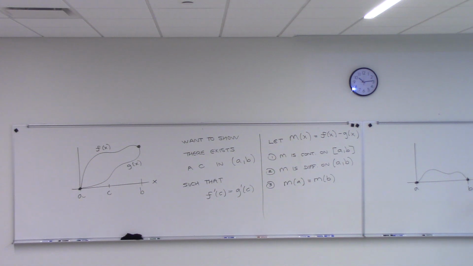Because Rolle's theorem now tells me what? At some point c in here, what is 0? The derivative of what? M, right?